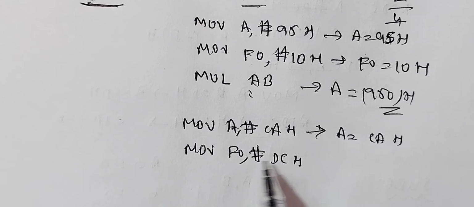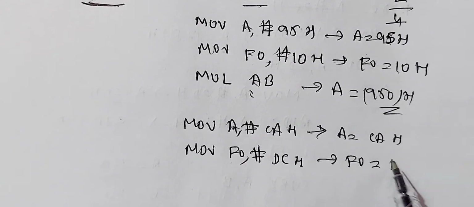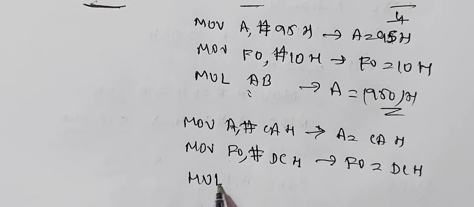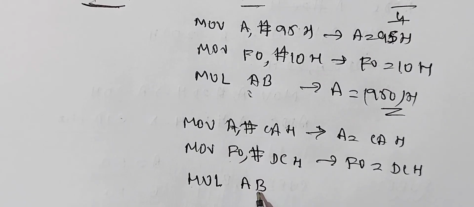DCH to F0. Now F0, register B, contains DCH. Now multiply: MUL AB. You cannot write F0 here. Here you have to write B. While you want to load values to B, you have to represent B in terms of its address F0.